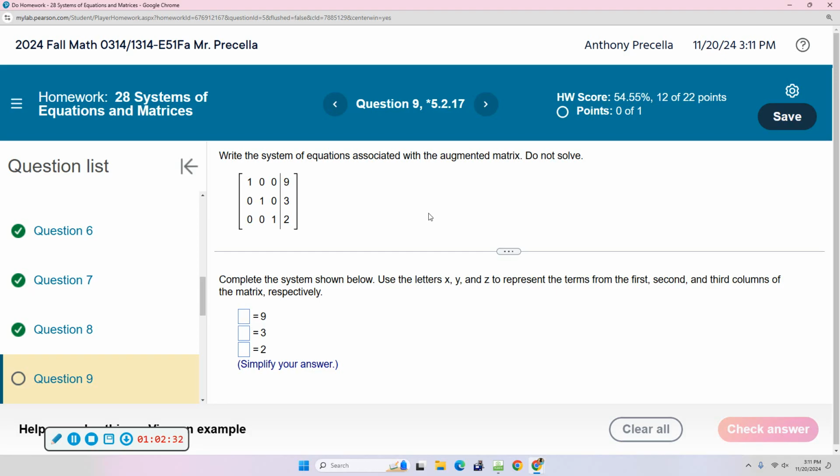Let me write it down. Okay, and when you read the instructions, they say to use the letters X, Y, and Z. And they want us to go back from the matrix to write out the equations. Switch to my paper.